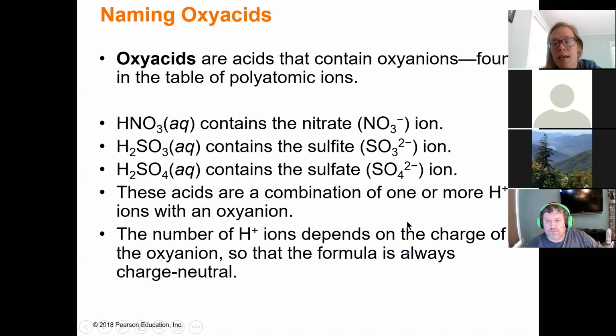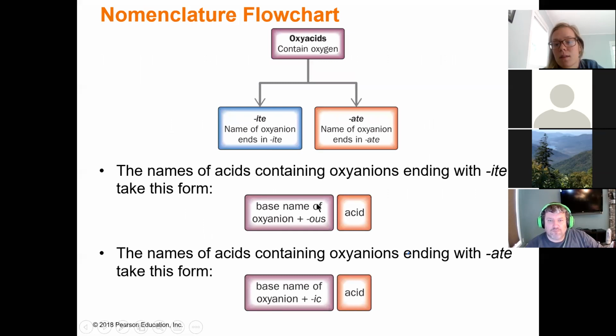We just say the base name of the polyatomic ion, and we change ite to ous. We change ate to ic, and then we add the word acid. So, I ate something icky. That's one way to remember it.